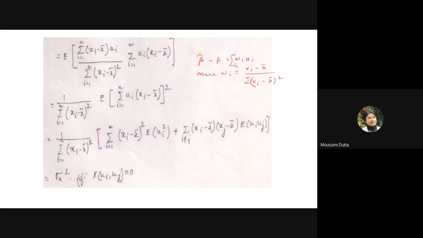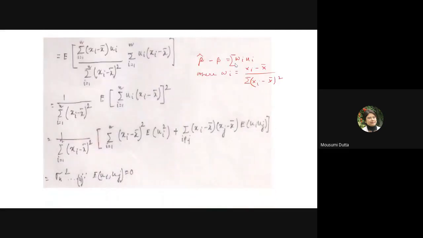So instead of writing beta hat minus beta, I am writing summation (xi minus x bar) into ui divided by summation (xi minus x bar) whole square; I forgot to add the summation sign earlier. The other part is already there, summation ui into (xi minus x bar).